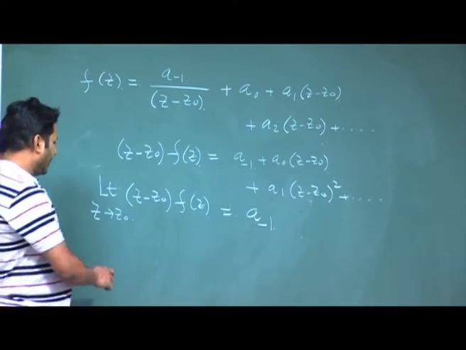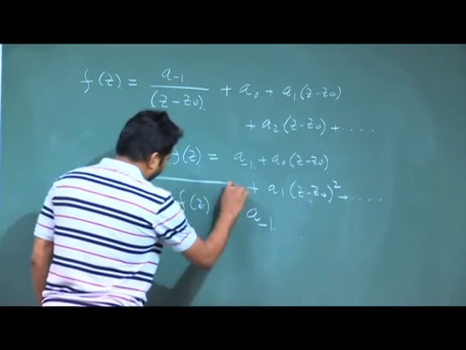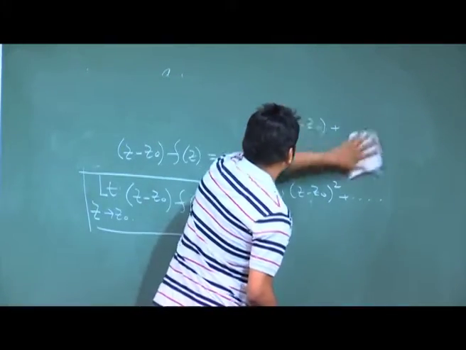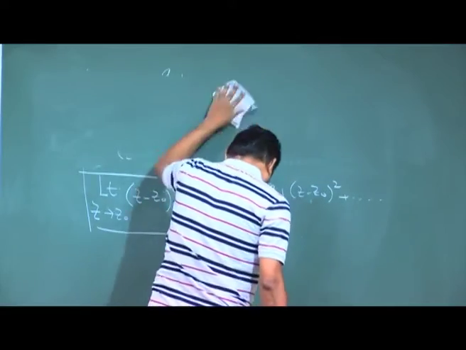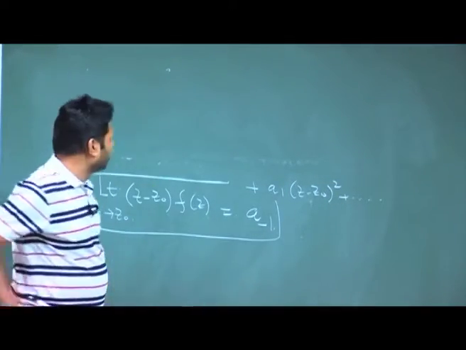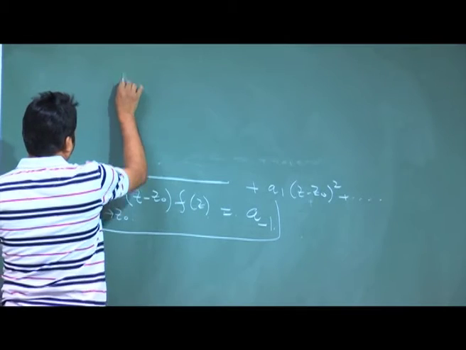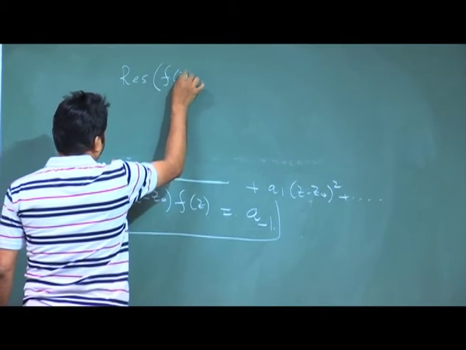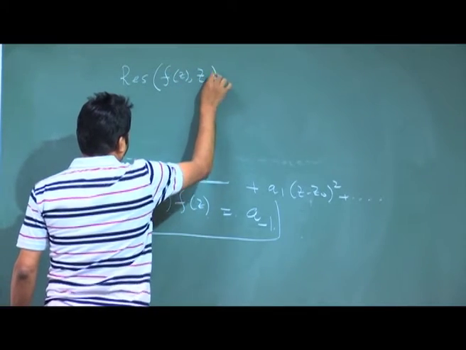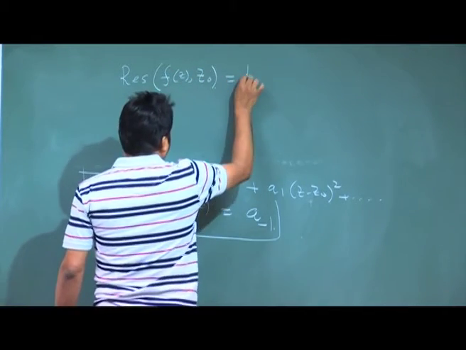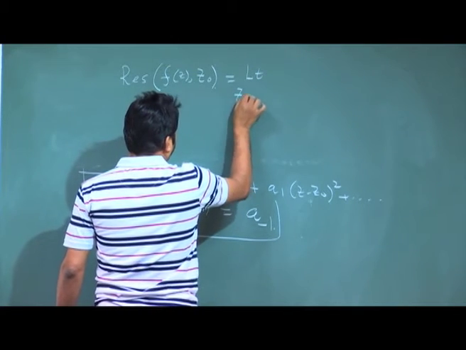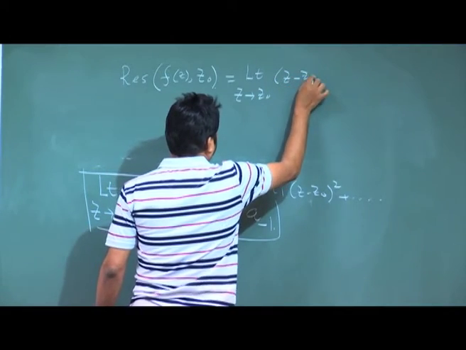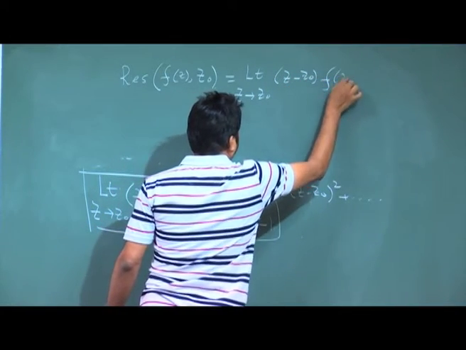So, this is the formula for finding the residue if the function has a simple pole. Let me write it down here. The residue of the given function f(z) at the singularity z0 is the limit z tends to z0 of (z minus z0) f(z), that is all.